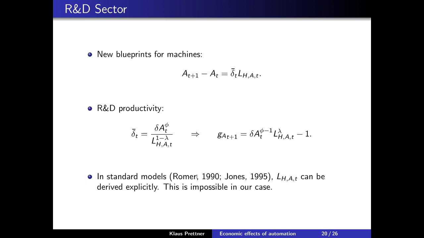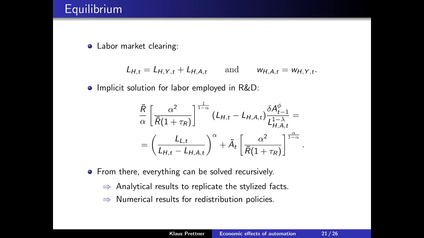But in contrast to the standard models of Romer and Jones, we cannot solve for L hat explicitly, because as we see on the next slide, we have a highly nonlinear equation that cannot be solved explicitly for the number of high-skilled workers. Instead, what we have to do is to resort to either implicit solutions or to numerical simulations.